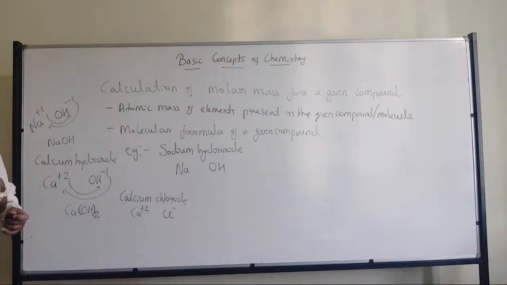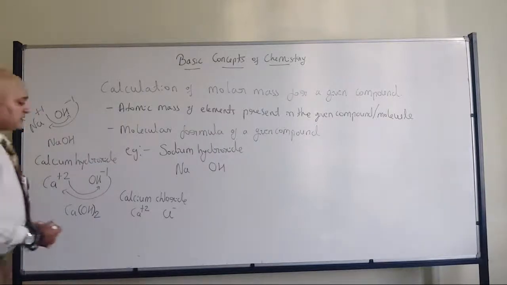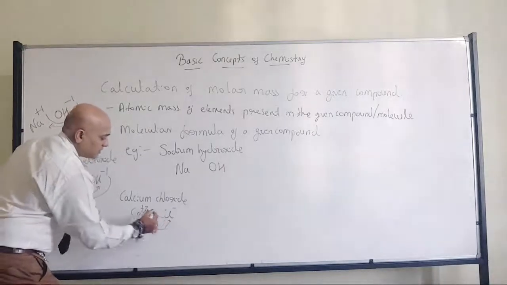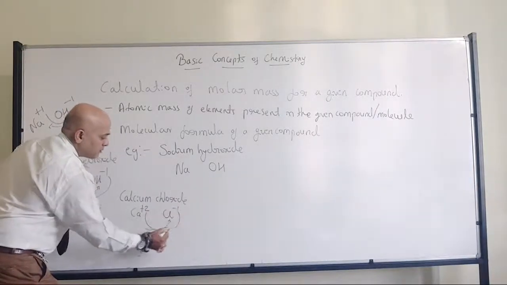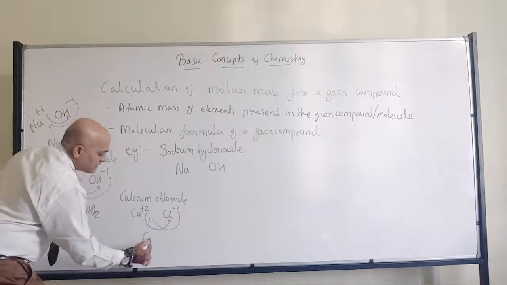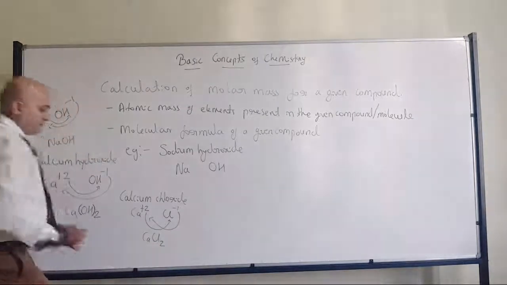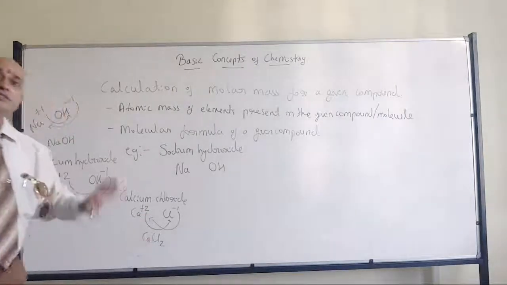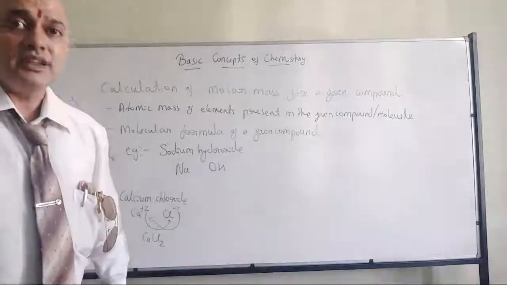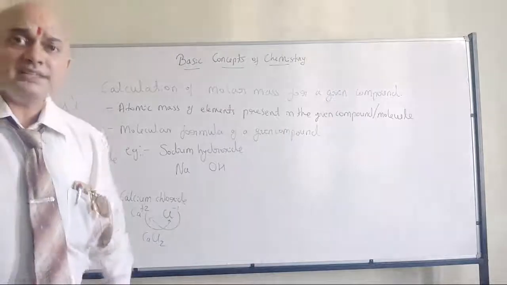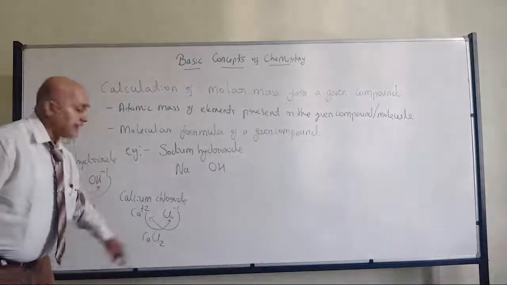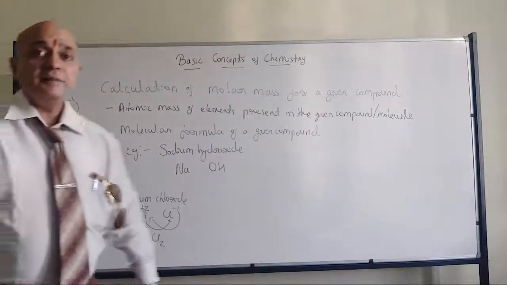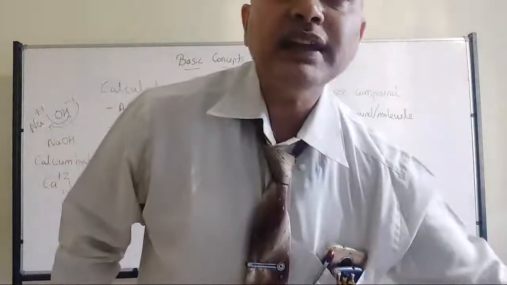Cl minus. Chloride. So if I am using the formula, multiplied by 2 multiplied by 1. So therefore, CaCl2. Here there is no requirement of bracket because only chlorine is there. As a single element, chlorine is there. So no need of bracket. But here, since more than one element is involved, I have to use the bracket.